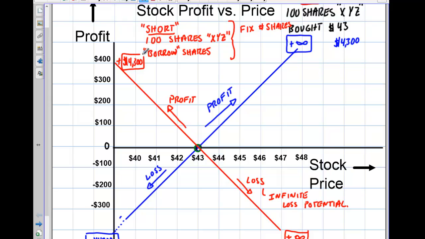This is one of the reasons why people look down upon shorting, because when you're shorting the stock, you have a limited gain. Shorts are really good for short-term plays, because when the market drops quickly, you want to take advantage of that. So that's the idea of that.